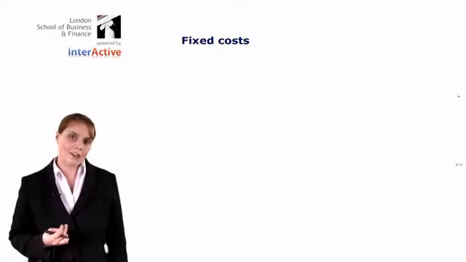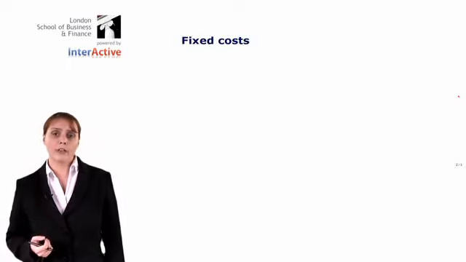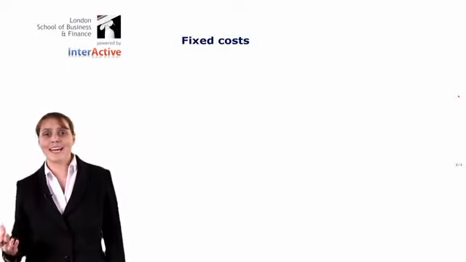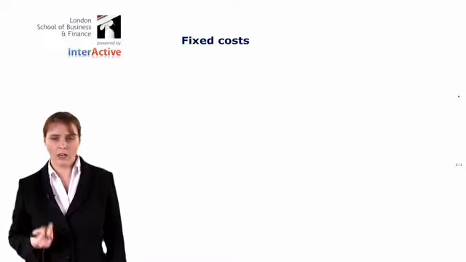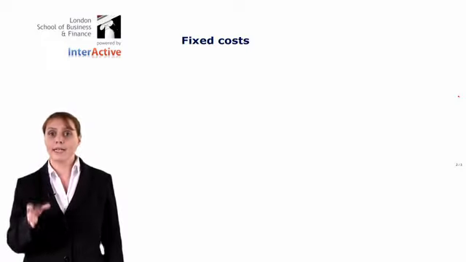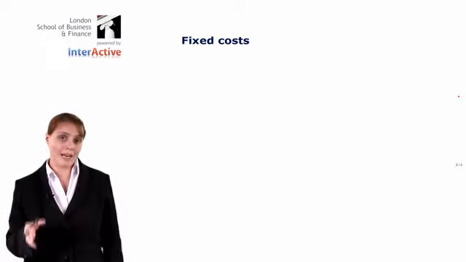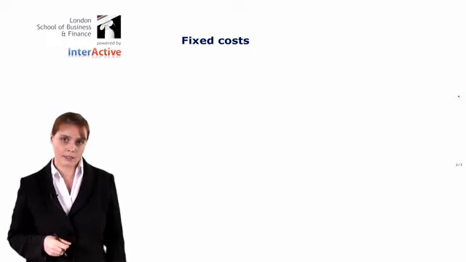So if we're renting our factory, then if we produce 1 unit in a month, our rent is going to be the same as if we produce 10,000 units that month. Our landlord doesn't care how many units we've produced. They expect to get paid the rental amount no matter what our level of activity is.